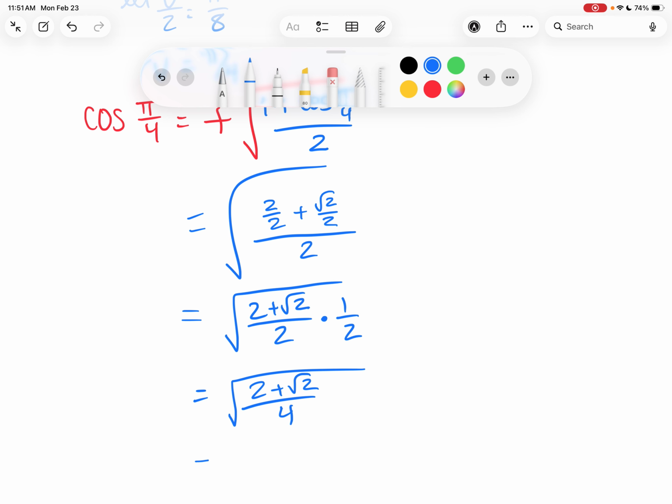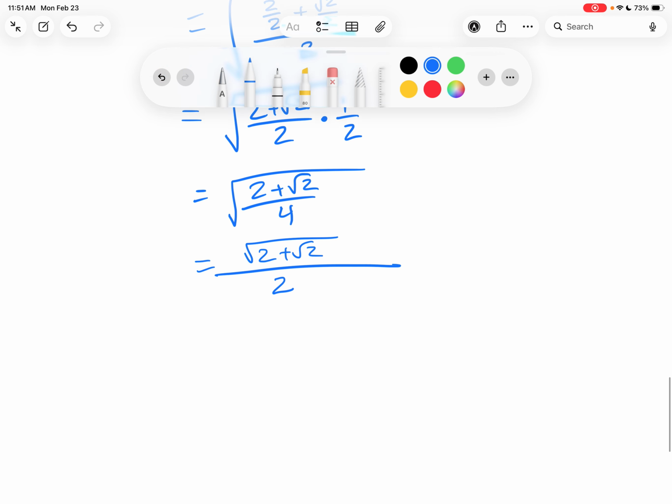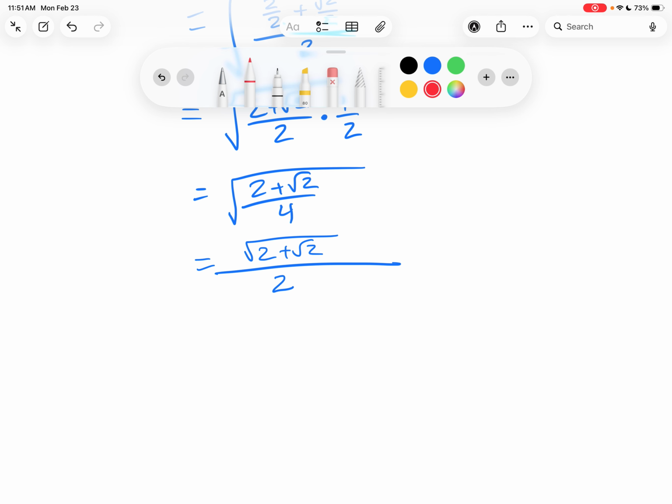And then the same thing happens as before. We end up with the square root of 2 plus root 2, and then all over 2, not in the radical. Or the way the book would write it, 1/2 and then the square root of 2 plus root 2. Either way is fine. I would take either one.